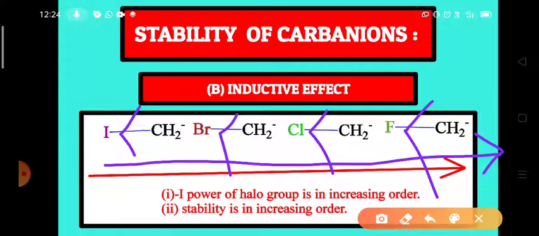As a result, the stability of those carbon ions in which they are attached to halogens is greater compared to the simple alkyl carbon ions. And among the haloalkyl carbon ions, fluoromethyl carbon ion is more stable than the other types of halocarbon ions. Okay.